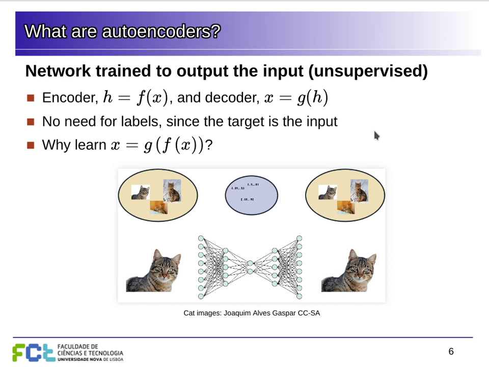One big advantage that we can see immediately here is that we don't need labeled data. Since the target of our network is the same as the input, all we need are the features. We can just put in whatever we want. We don't need to have anything previously classified or labeled, and the network still learns.